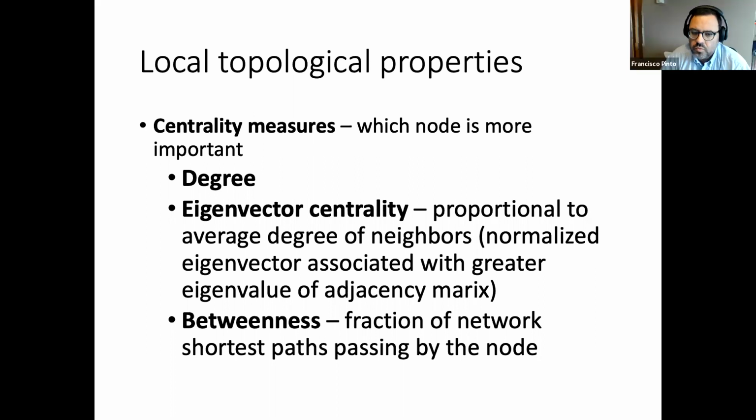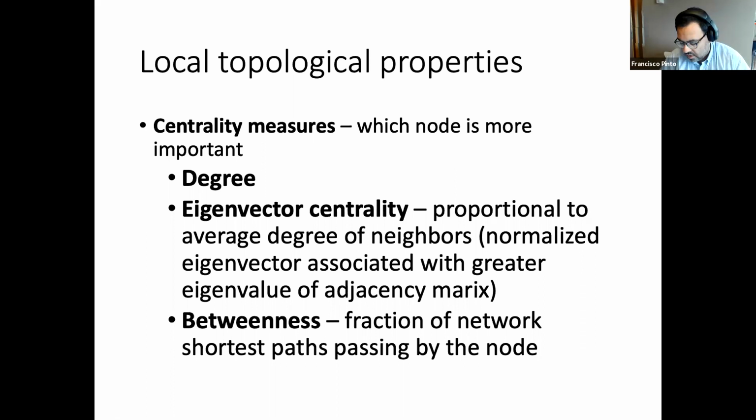It is somehow correlated with the degree, but it gives extra information because it somehow characterizes if your neighbors are also important or not. That's the main idea behind the eigenvector centrality. So they are related in the sense that eigenvector centrality gives a lot of weight.